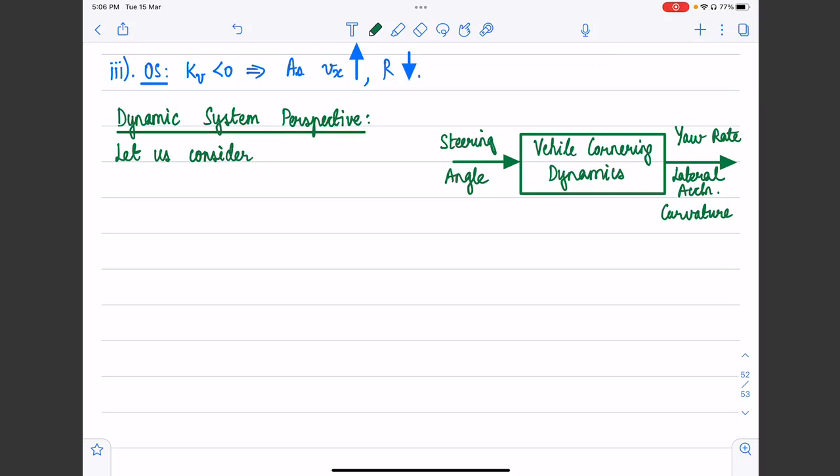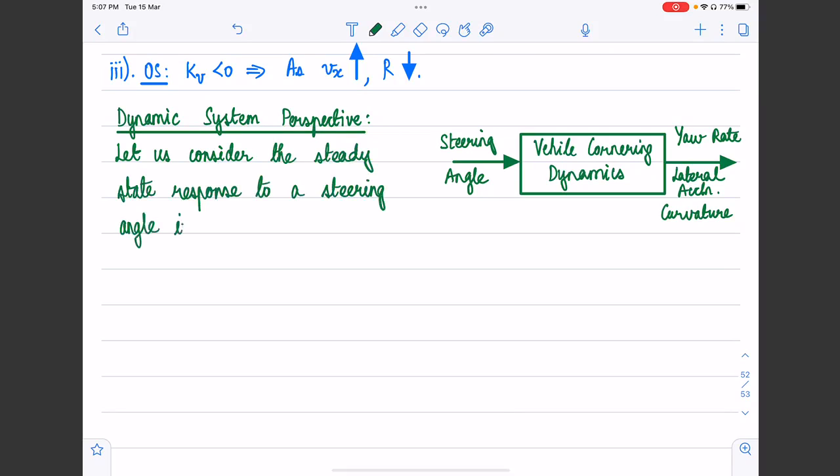Let us consider the steady state response to a steering angle. That's what we are going to do.